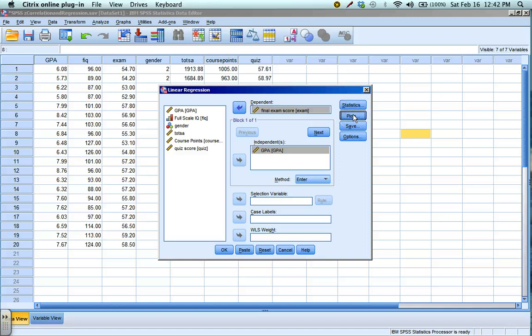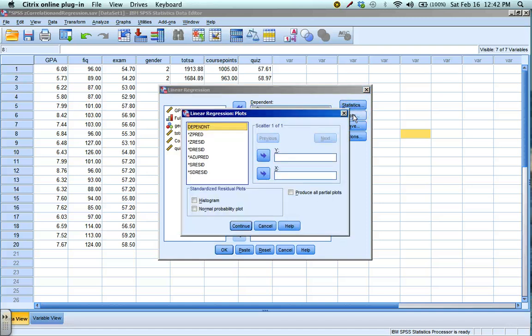As far as plots, we want to do the dependent and the adjusted predicted, but we'll leave that one off for right now.